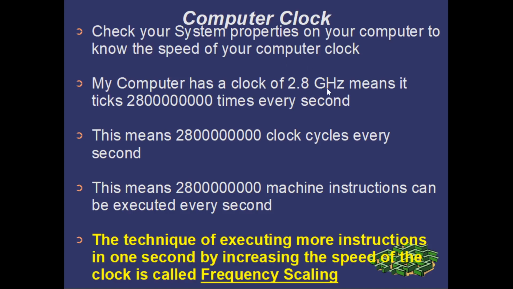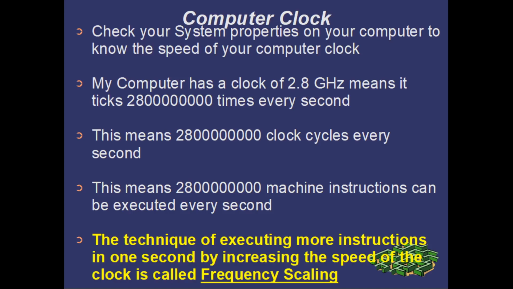But the problem is, as you keep increasing the frequency of your clock, the computer becomes hot, and the moment it becomes hot, your circuits don't behave in the same manner at that temperature.